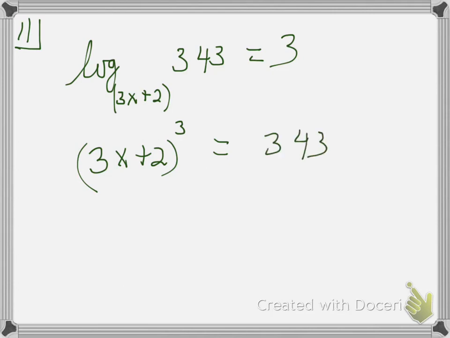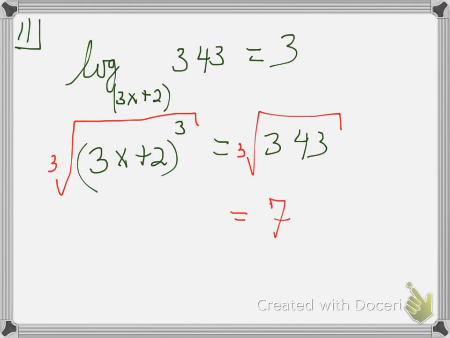At this point, we could take the cubed root of each side. So, the cubed root of 343, if you're not sure what that is, good time to get out your trusty graphing calculator. It's 7. The cubed root of 3x plus 2 cubed is 3x plus 2. So 3x would equal 5, and x would equal 5/3.